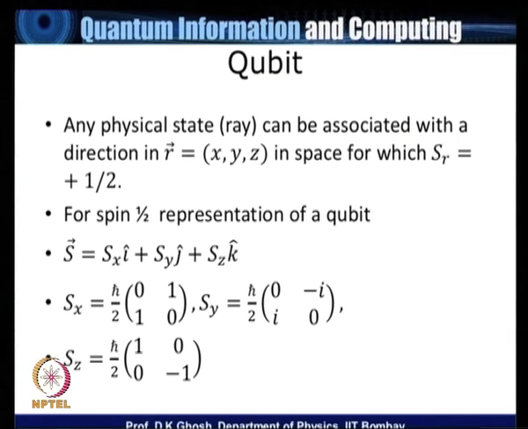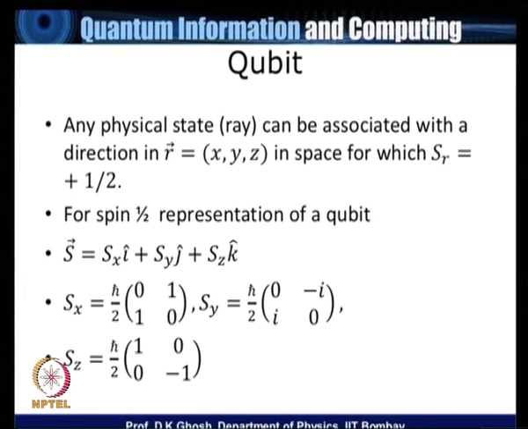The sx is the x component of the spin, and as we know, the spin projections along any direction have a value either plus h cross by 2 or minus h cross by 2. Now if you look at the spin operators, then the x component of the spin operator is represented as h cross by 2, a matrix 0, 1, 1, 0.